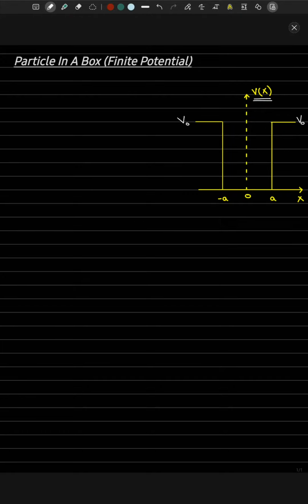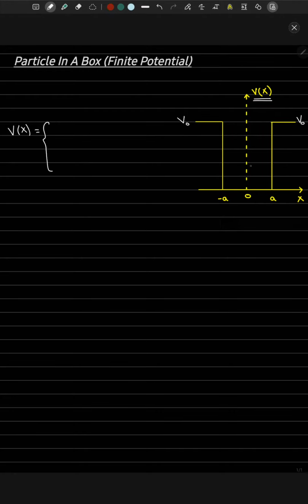So our problem is to solve the Schrodinger equation for the energy eigenvalues and the energy eigenstates for such a problem. We are going to start with looking at this figure and writing down the potential energy as a piecewise function.